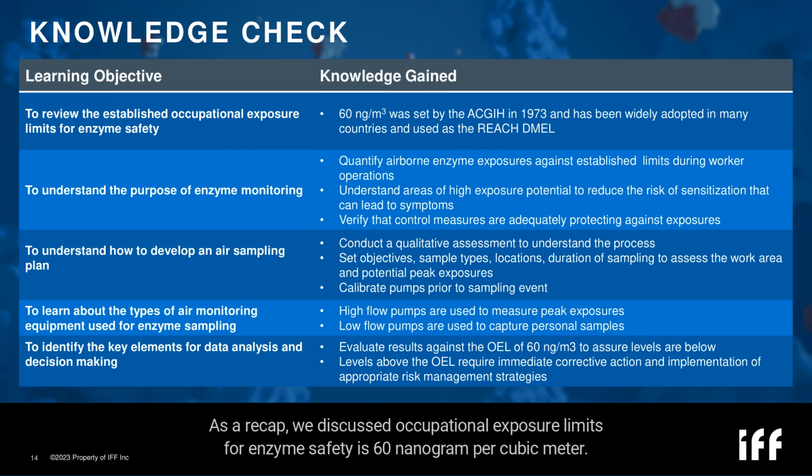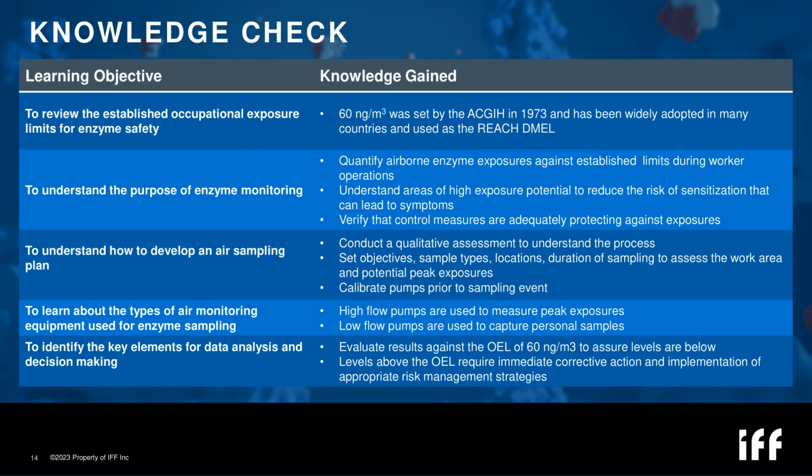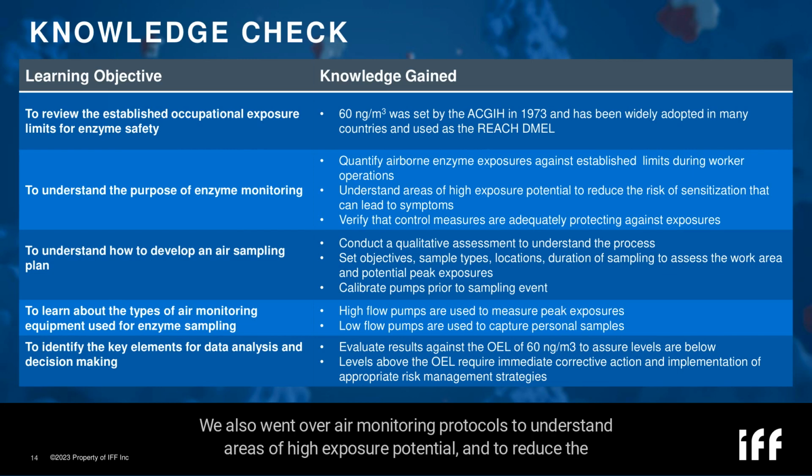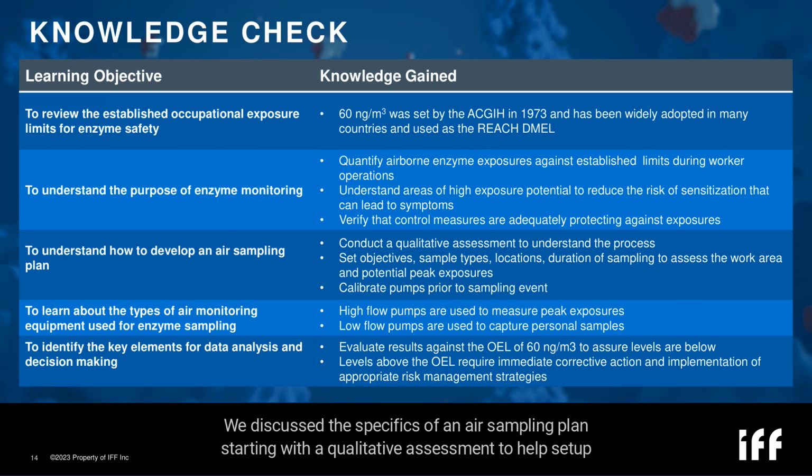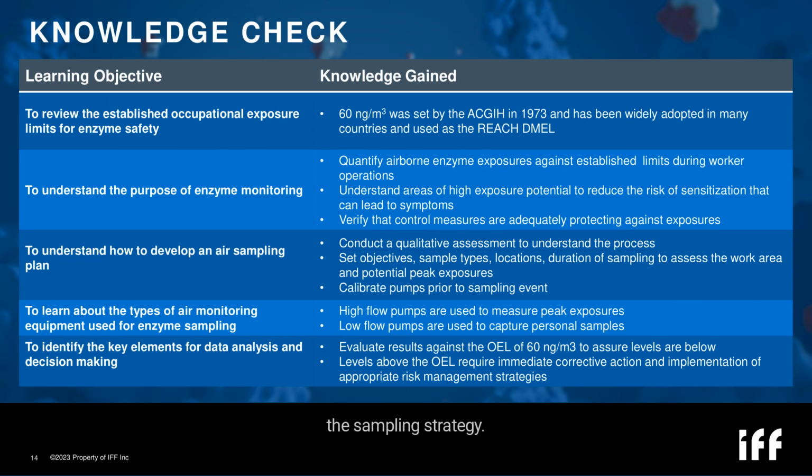As a recap, we discussed that the occupational exposure limit for enzyme safety is 60 nanogram per cubic meter. We also went over air monitoring protocols to understand areas of high exposure potential and to reduce the risk of sensitization through control measures. We discussed the specifics of an air sampling plan, starting with a qualitative assessment to help set up the sampling strategy.